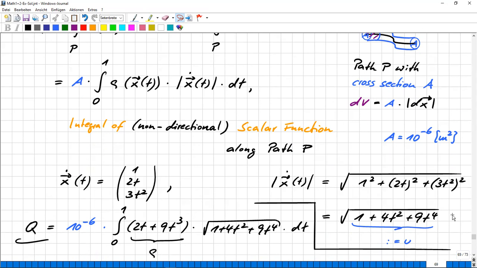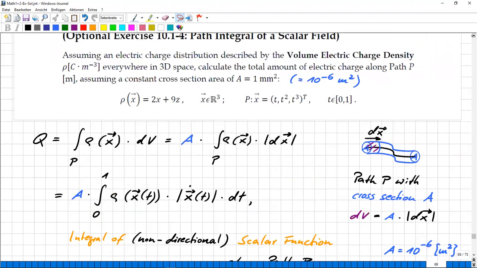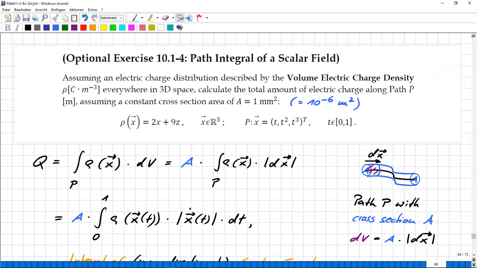Okay, you might recognize that I constructed this exercise in a way so that we find an integral that may easily be solved. So this is sort of a little artificial. I don't want to play any tricks on you, right? If I had chosen a more complicated function here, it might be that this integral is not even analytically solvable in the end.